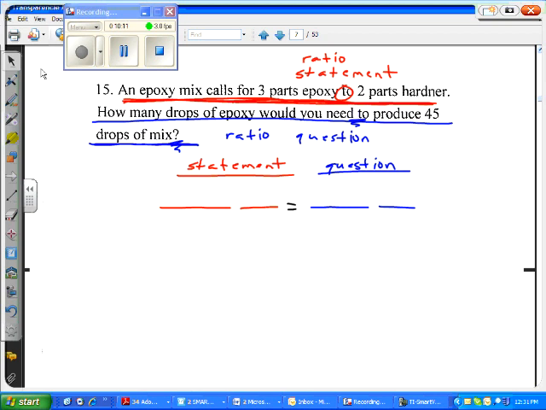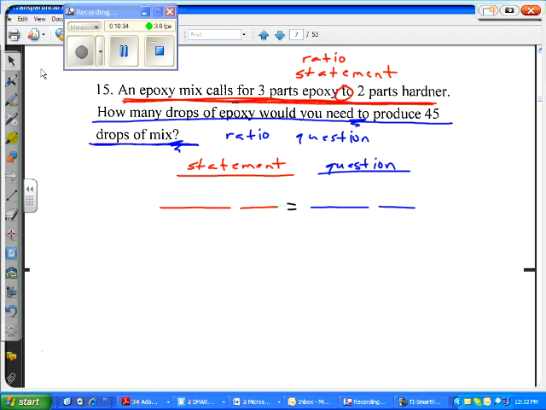And you may say, well, why are you asking that? Well, page 52 says that a proportion is two comparisons of the same two items. A proportion is two comparisons of the same two items.